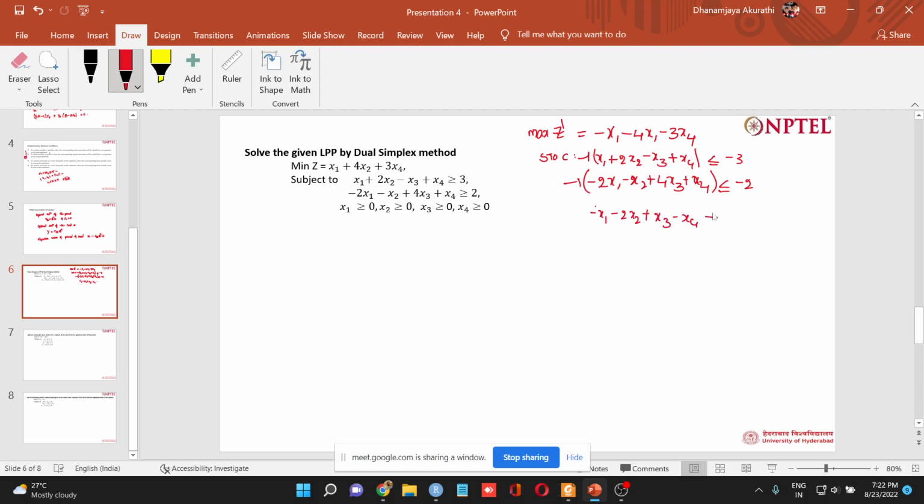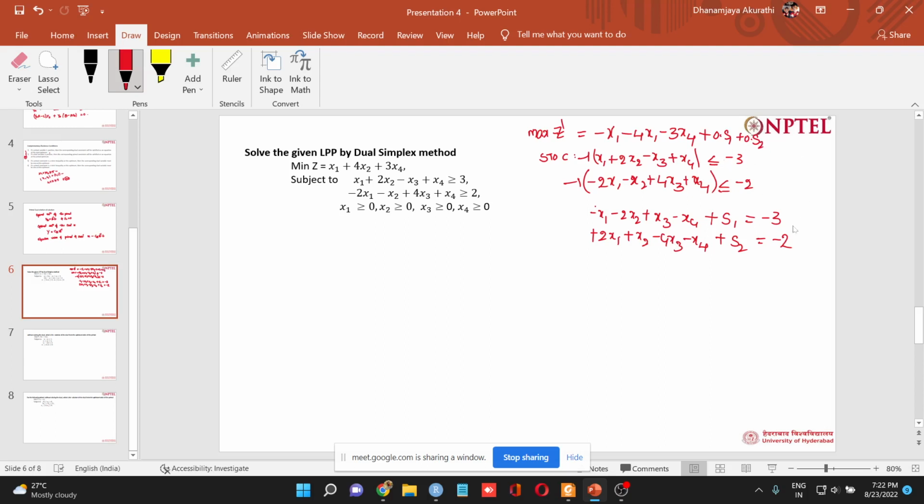Then adding a slack variable, that is s1, I am assuming the slack variable is s1, then that is equal to minus 3. Here you can see 2x1 plus x2 minus 4x3 minus x4 plus s2 is equal to minus 2, and the objective function would be plus 0 into s1 plus 0 into s2, right?